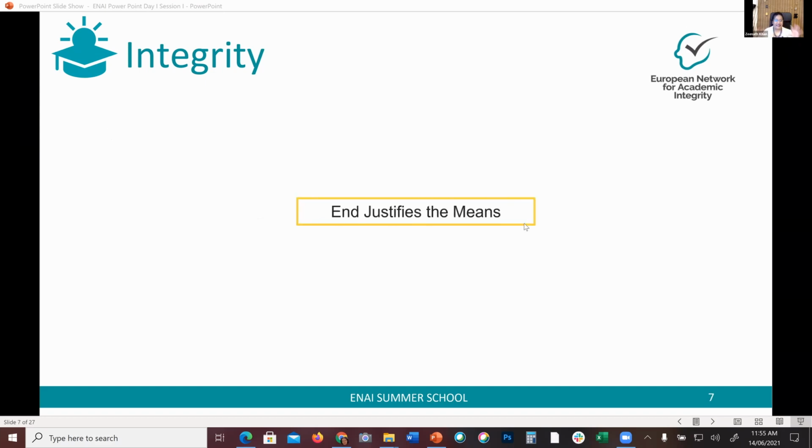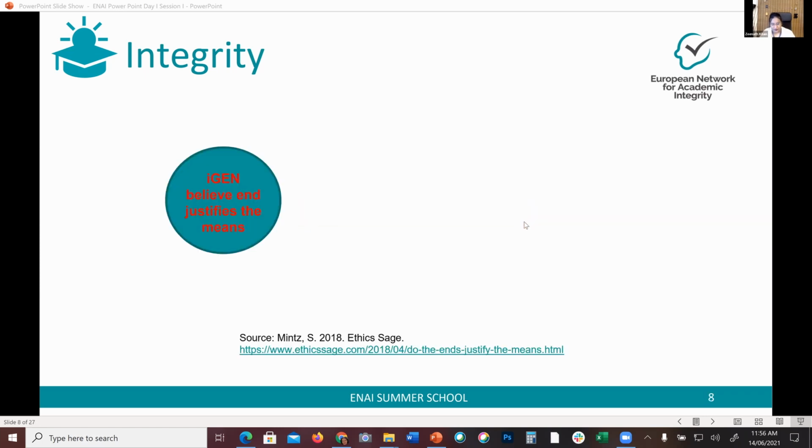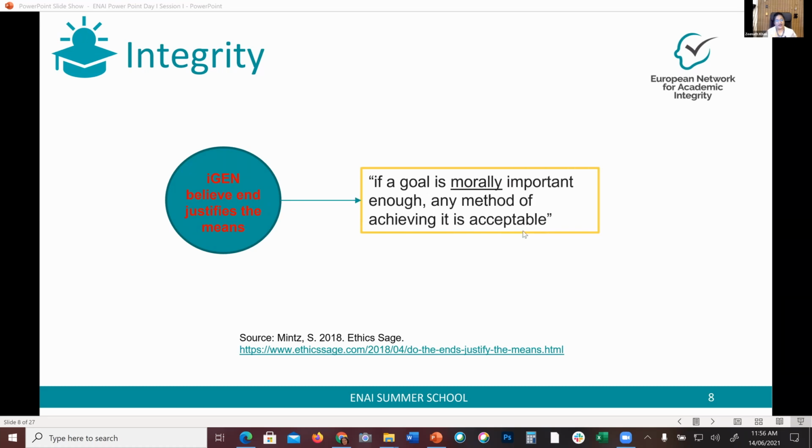This, in the world of ethics, is actually called the end justifying the means. It's taken from Kantian theory, which says if the end justifies the means, I can excuse that action. But there's a problem, right? A lot of studies have shown that people really believe and justify the means that they use to get to wherever they're going.